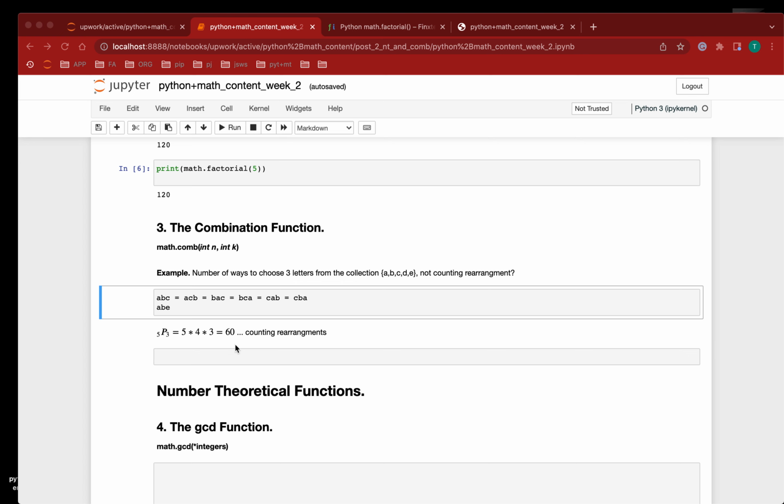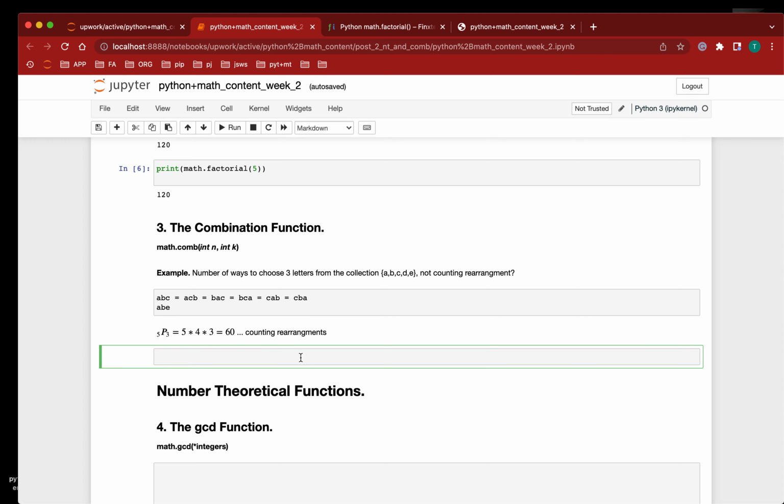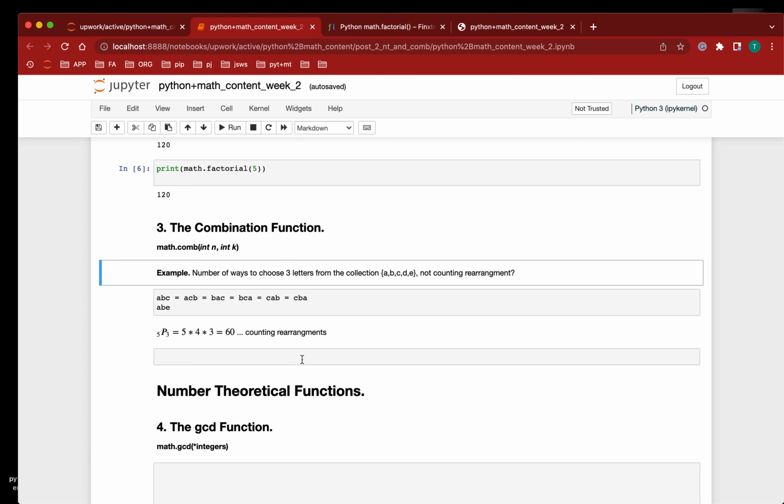So in other words, there are 60 ways of choosing 3 letters from A through E, counting rearrangements. So hopefully we can modify this in a nice way to get the solution to our current problem.